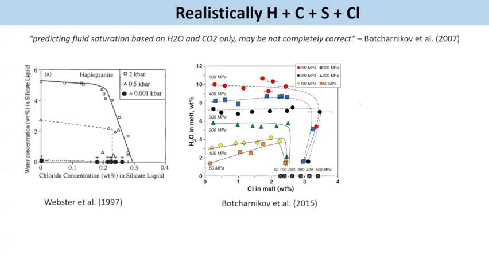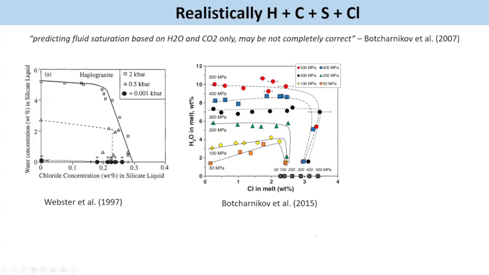Another problem is water and CO2 non-ideality is bad enough. We know we realistically have sulfur and chlorine as well. And Borchardt say predicting fluid saturation based on water and CO2 only may not be completely correct. There is experimental work from Webster, say, in haplogranite systems of how chlorine solubility affects water solubility.